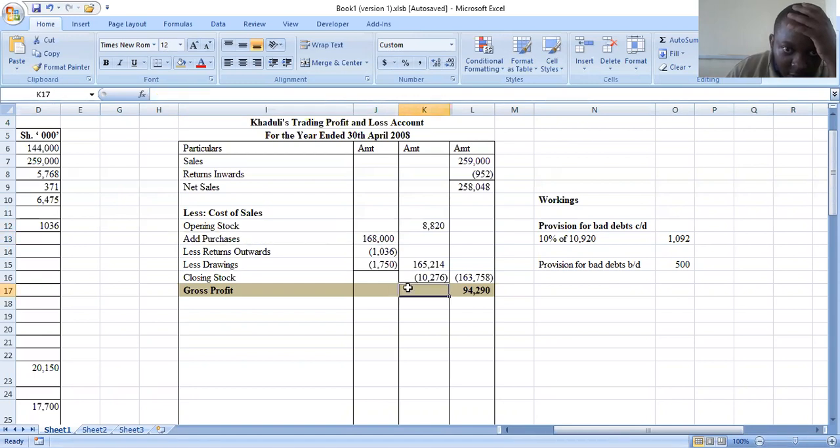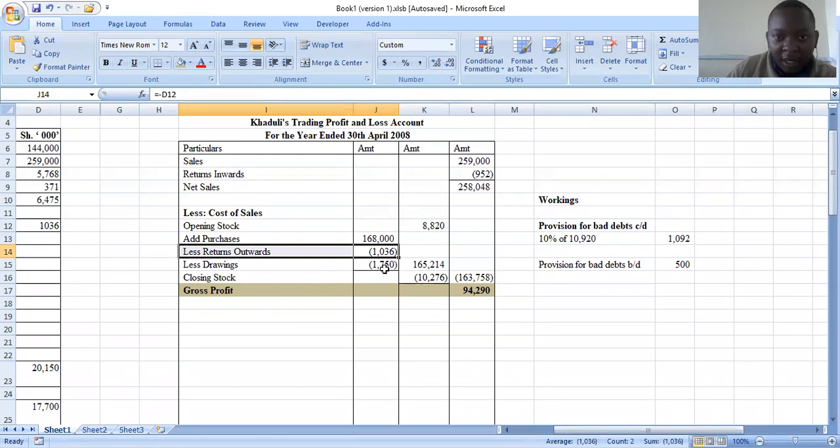It's 168,000. So we said that for purchases, if there are returns outwards we deduct from purchases, like in our case we have 1036. We are deducting from purchases. If you see a figure in brackets, it means we are deducting.